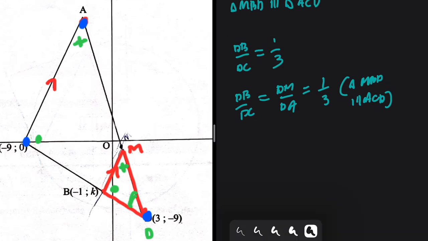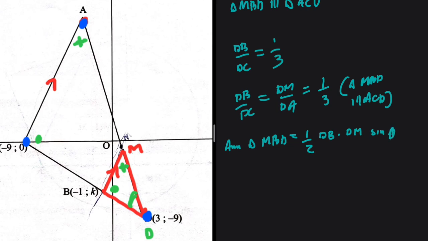Let me show you. We can say that the area of triangle MBD, the smaller triangle, is equal to half DB multiplied by DM, and then we say sine of angle D, right?